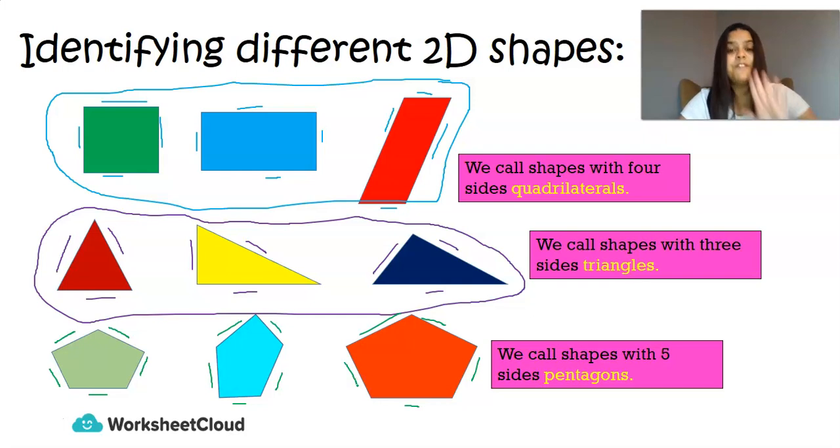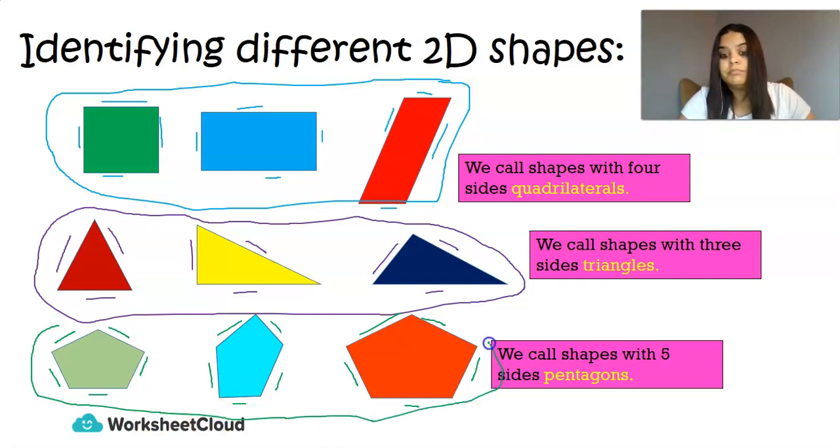These shapes with 5 straight sides are called pentagons, as you can see over here in the little block next to it. And I'm going to draw another skew circle around that. I don't even think it is a circle, grade 3s. Anyway, let's move on to our next slide.